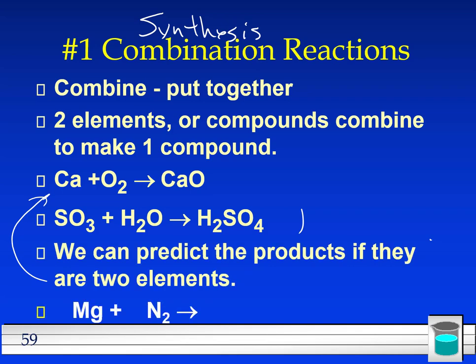For example, Mg plus N2. First of all, you can recognize this is a combination reaction because the only way that an element and an element can change is by coming together. If I got separate pieces, the only way they can change is coming together. That's how you recognize this as combination, is it's two elements. They're going to come together.